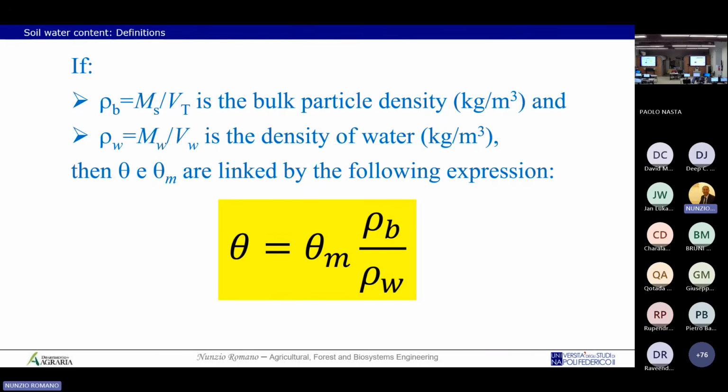So you multiply it by the ratio of the bulk density, which is the ratio of the mass of only solid over the total volume, divided by the density of water, the mass of water over the volume of only water. This is the relationship. So you can move from the gravimetric water content to the volumetric water content.